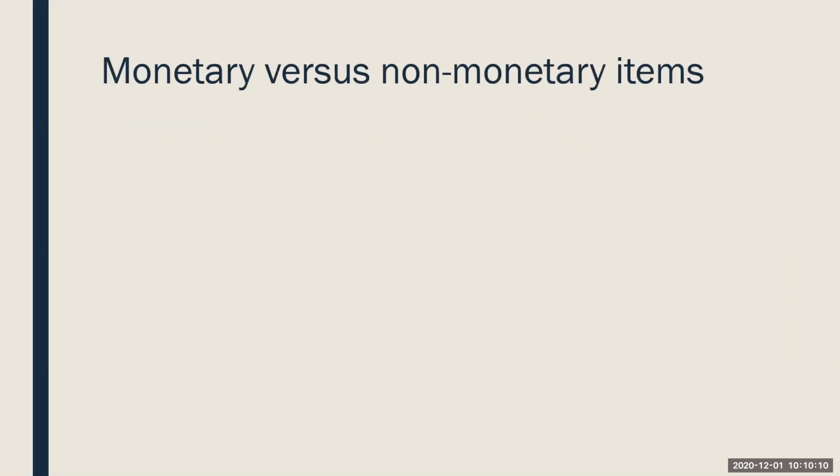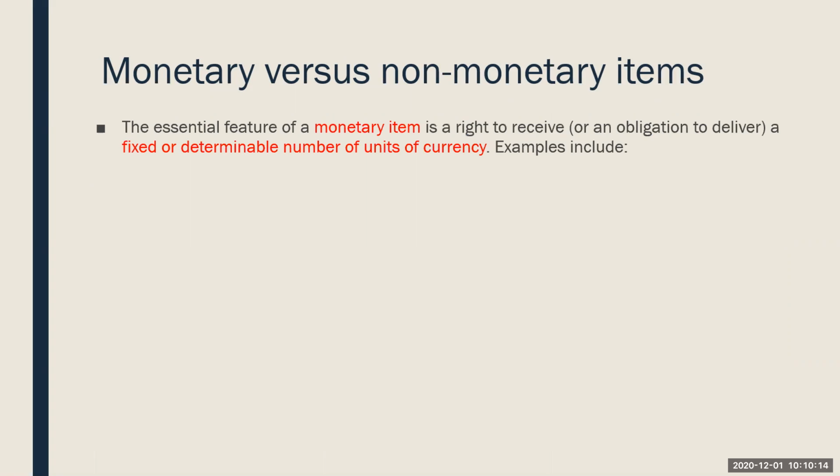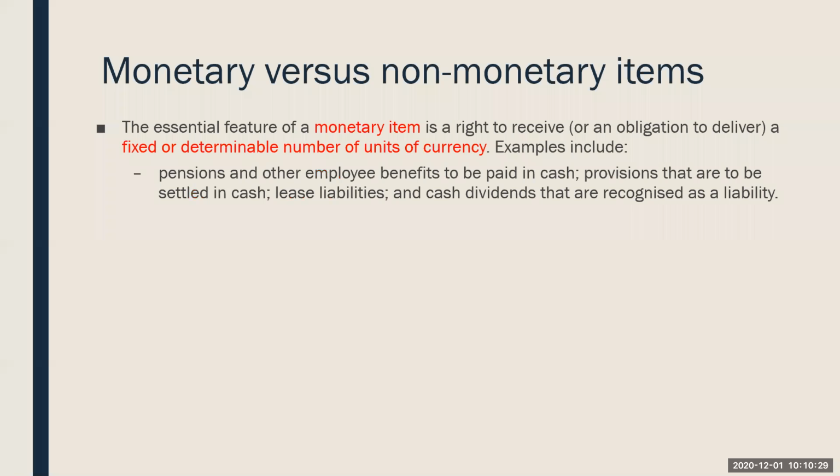A look at monetary versus non-monetary items. The essential feature of a monetary item is a right to receive or an obligation to deliver a fixed or determinable number of units of currency. Examples include pensions and other employee benefits to be paid in cash, provisions that are to be settled in cash, lease liabilities, cash dividends that are recognized as a liability.